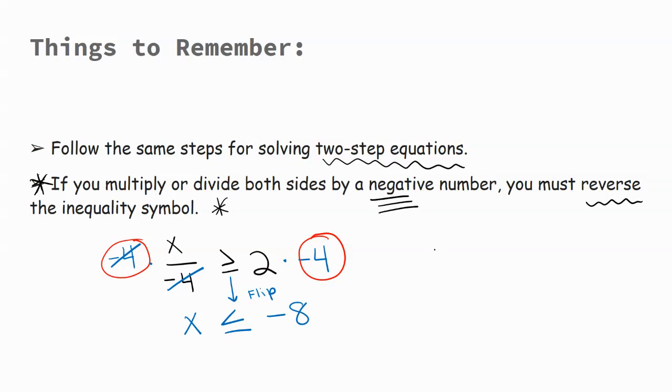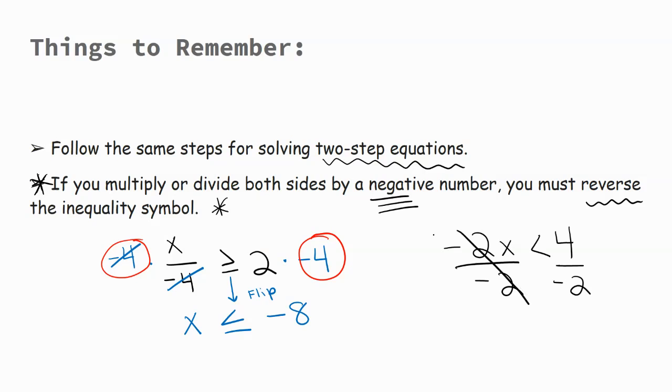And then another really quick example is if I have negative 2x is less than 4, again, I'm going to undo the multiplication with division. So the last one I started with division and I undid it with multiplication. Now I have multiplication, I'm going to undo it with division, right? So now I'm going to divide by negative 2. This negative 2 on the left will cancel.